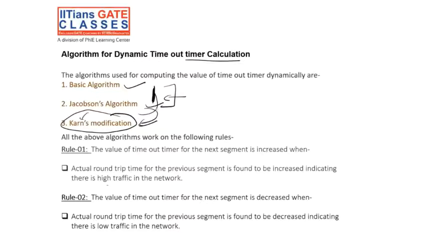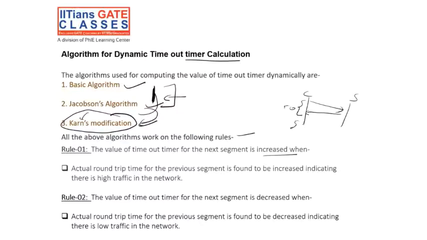All the above algorithms work as per the following rule. What is the rule of this algorithm actually? The value of the timeout timer for the next segment is increased when, see, this is your client, this is your server. Let's say one segment we sent and there is an acknowledgement. And this is your timeout for the first segment.